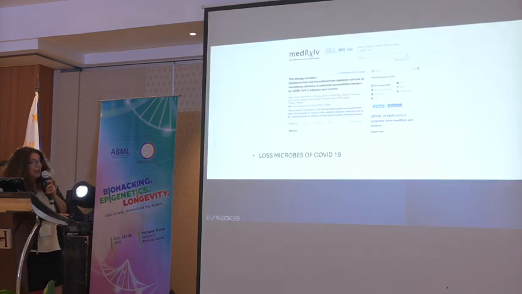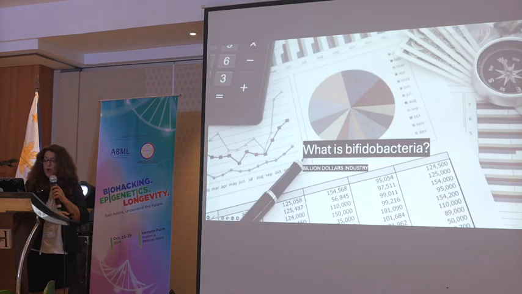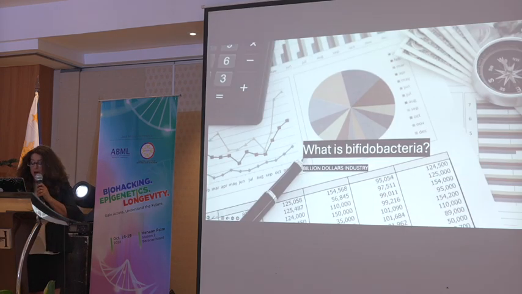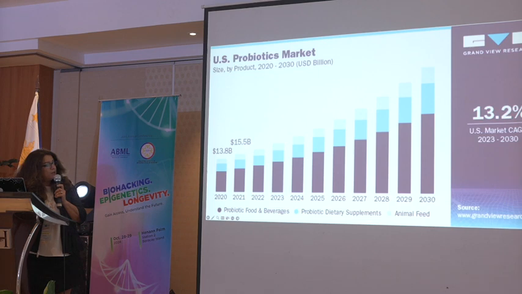It took us 8 months to publish this paper. So it tells you about the corruption in science. So what is bifidobacteria? Other than a $1 billion industry. Actually, we're up to 15.58 billion, but it's probably going to be into the 100 billion industry of probiotics.